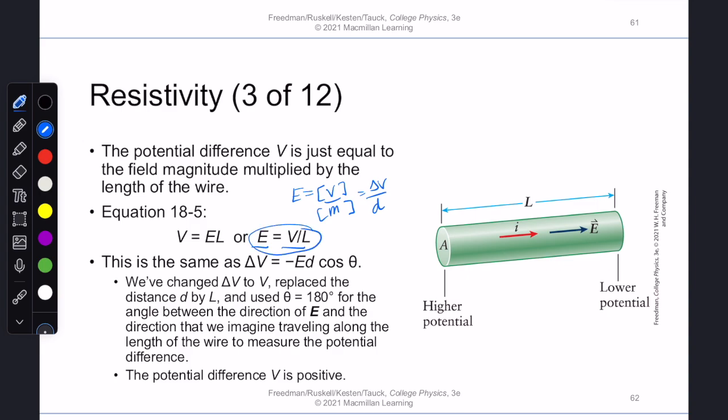And we can also see this through our equation for potential of an electric field, right? It was minus E D cosine theta. If cosine theta is negative 1 or 1, I'm getting my numbers confused, right? If cosine theta is negative 1 or 1, then we are getting the same equation back right here.